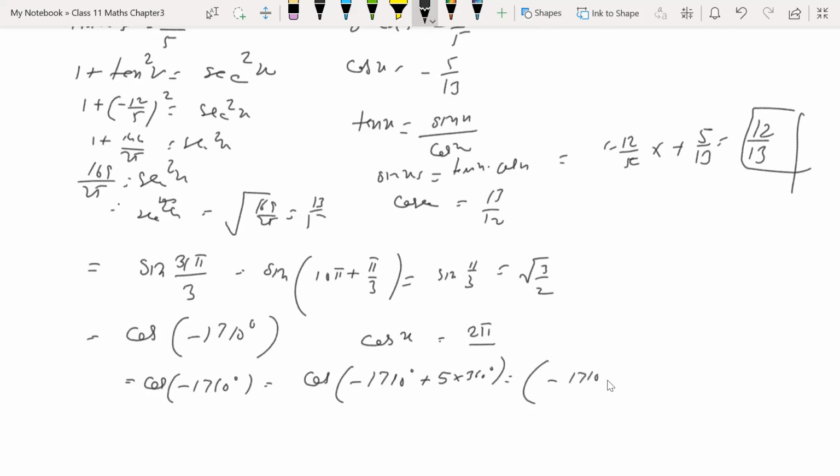Minus 1710 plus 1800 is 90 degree, and cos 90 is equal to 0. You can calculate the value of this.